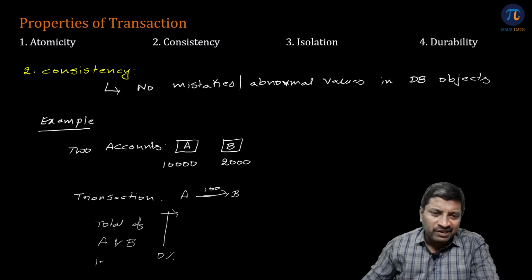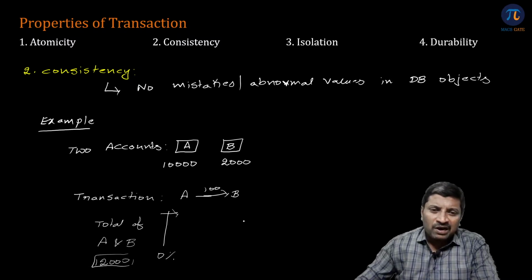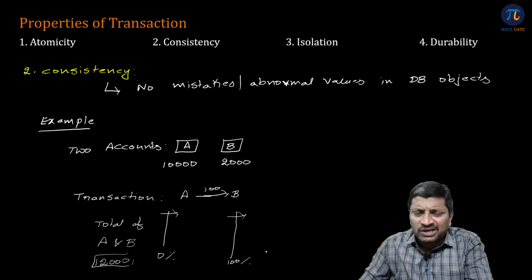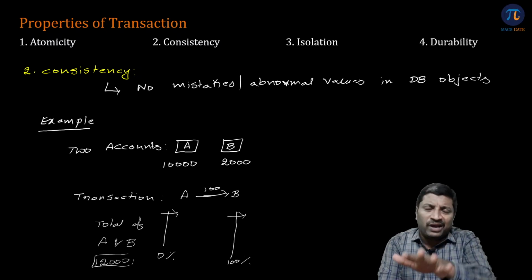The total of A and B is 12,000. After the transaction, that is after 100%, what will be the total of these two accounts? It should be 12,000 only, because you are transferring some amount from one account to another.